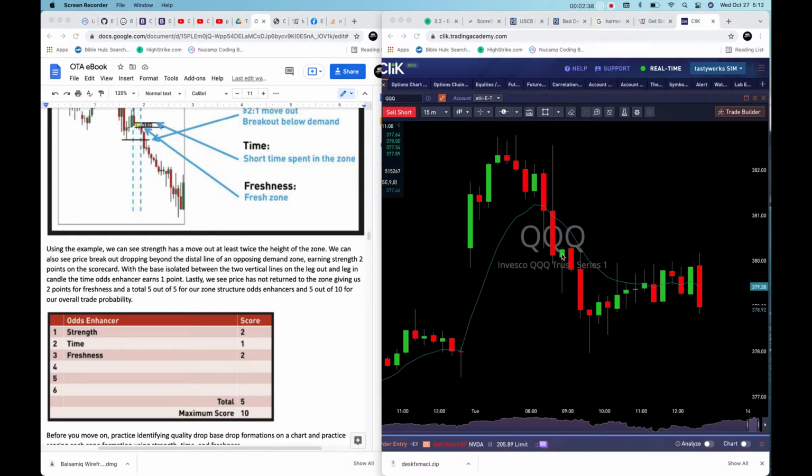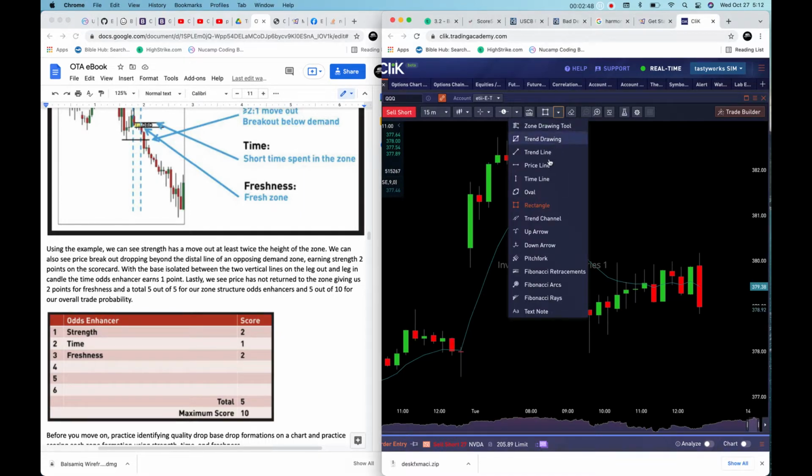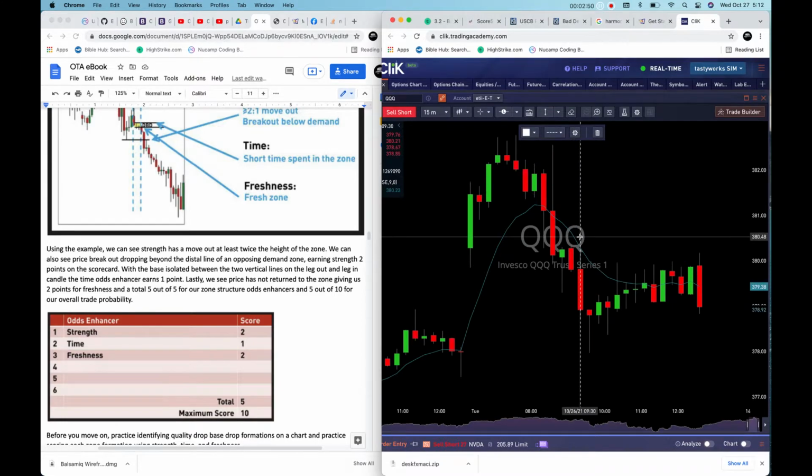And this candle closes within the range of this candle. This candle extends beyond the range of the base. So this gives us an idea that we have a leg out candle there and a leg in candle here. And this gives us a clear view of our base.